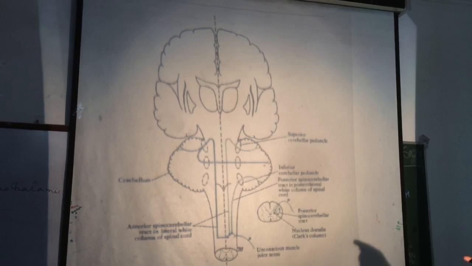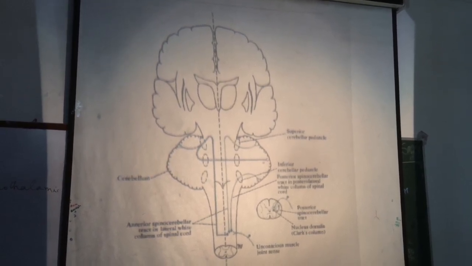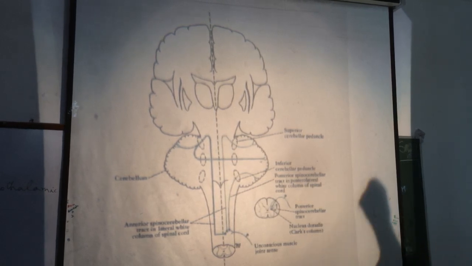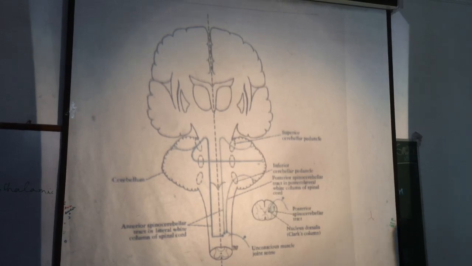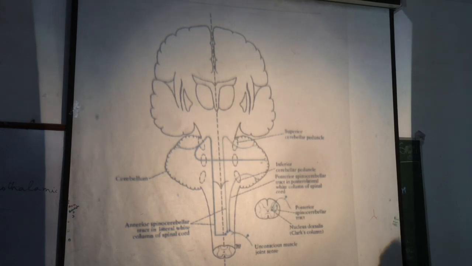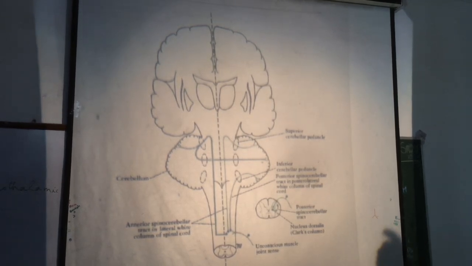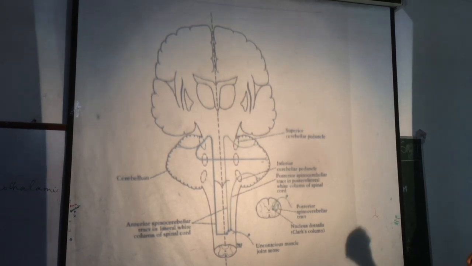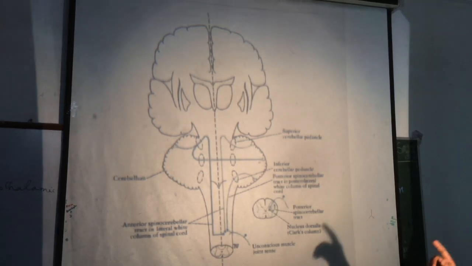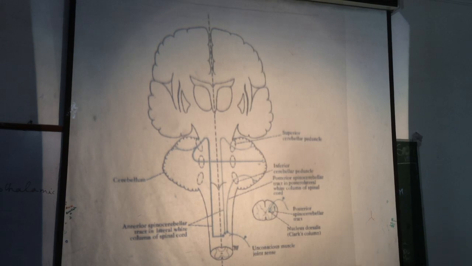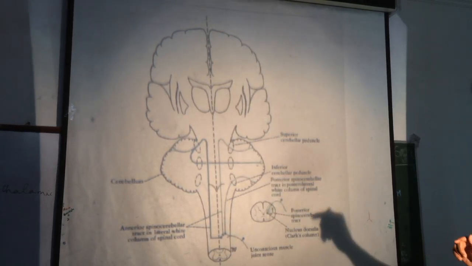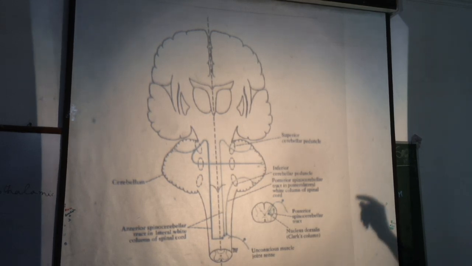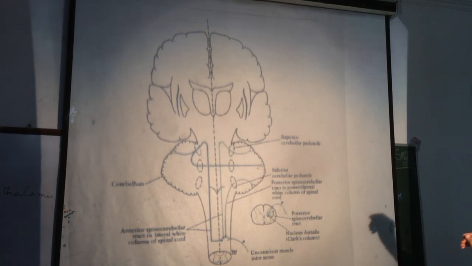Another important function of the anterior spinocerebellar tract is that it informs the cerebellum about the motor impulses which have arrived at the ventral horn of the spinal cord along the corticospinal and rubrospinal tracts.